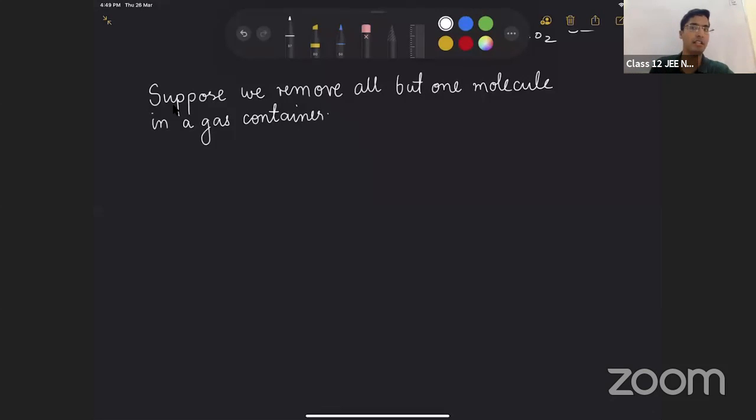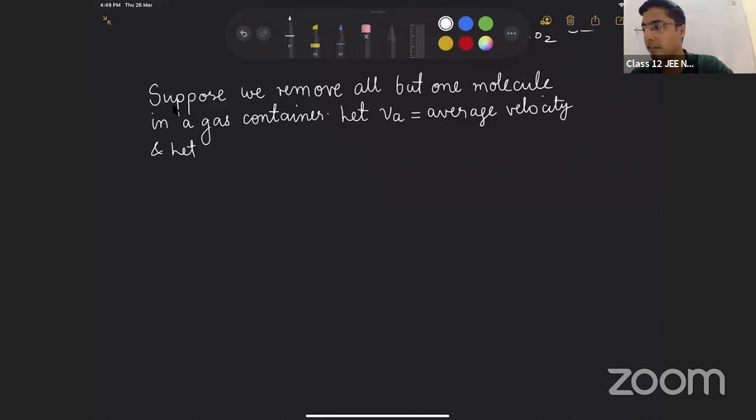So there is a container, it has only one molecule of a gas. Now my question is, for the gas, let VA be the average velocity of the gas, and let Vrms equal the root mean square velocity of the gas.